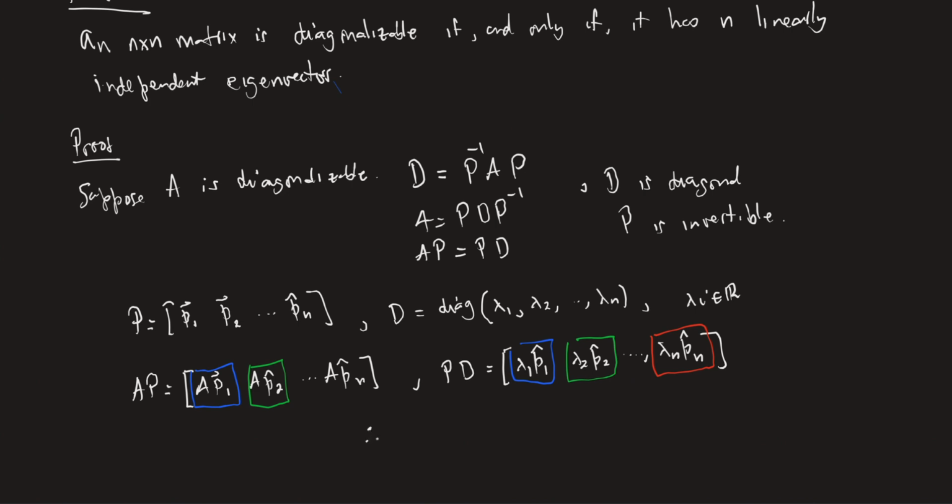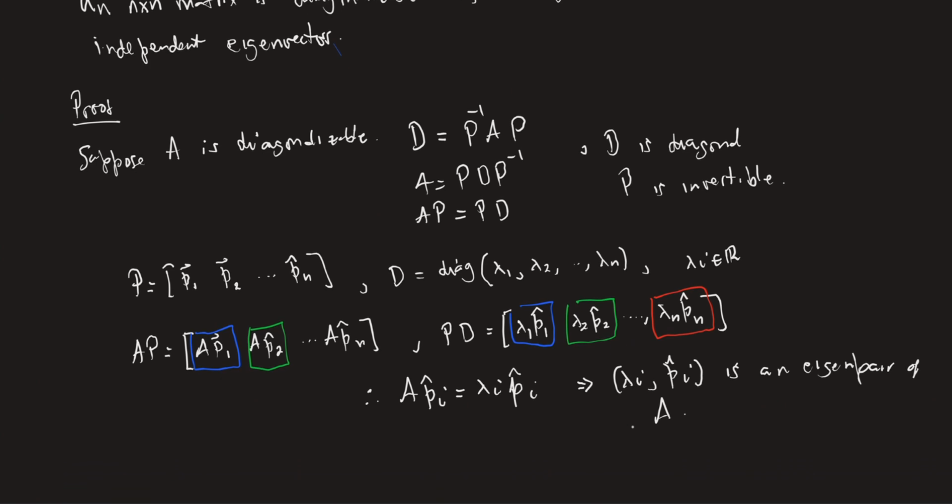So therefore, our A times Pi is equal to lambda i times Pi. But this is basically the equation for an eigenvalue and an eigenvector. So this implies that lambda i and Pi is an eigenpair of A. Not only that, but because P is invertible, here's the key.